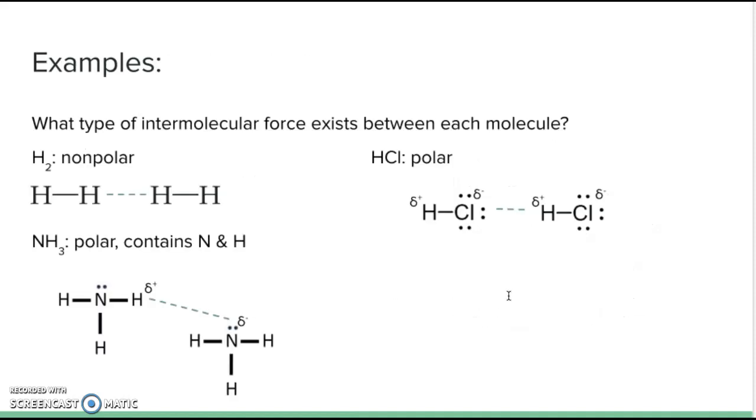Okay, so if I look at these examples here, I want to know what type of intermolecular force exists. So if I look here, I have H2 attracted to H2, right? I have a nonpolar covalent molecule interacting with a nonpolar covalent molecule because I know they're covalent because it's all nonmetals, and I know it's nonpolar because they're symmetrical on each side.